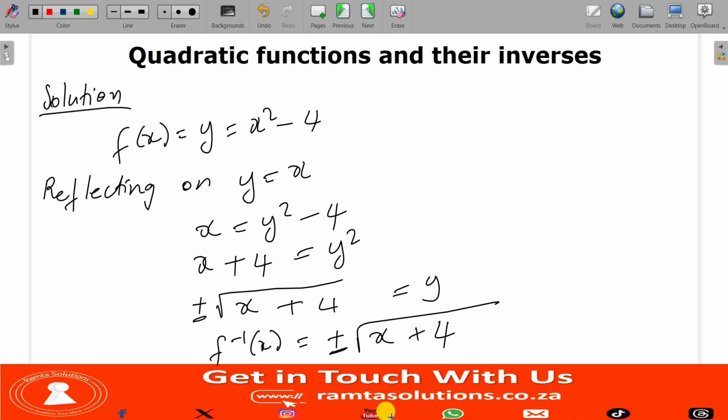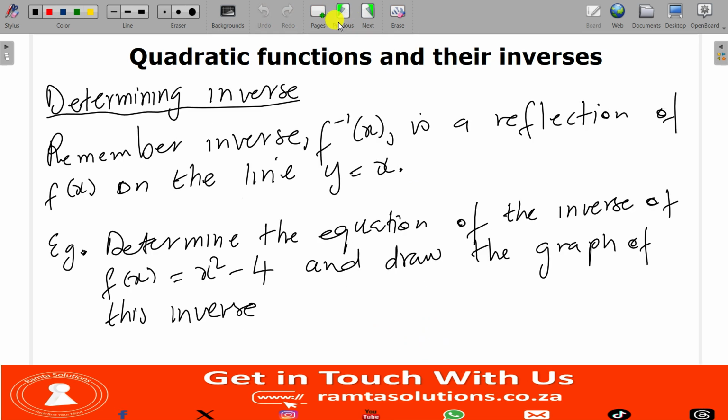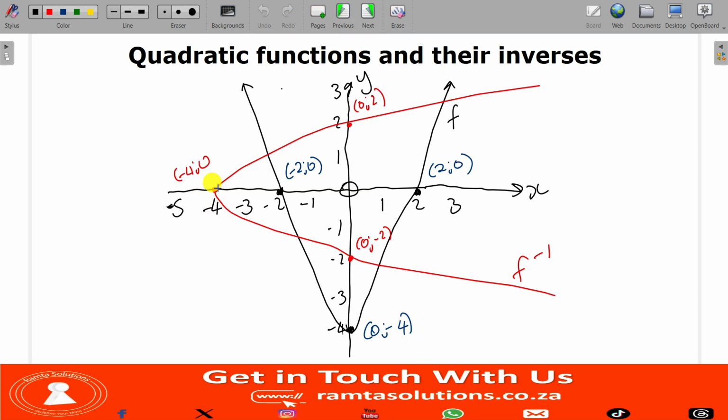Now you see, we have found the equation of our inverse. Now let's imagine this. When x is negative 4, it will be negative 4 plus 4 is 0. When x is negative 4, we have 0, isn't it? Do you see it?